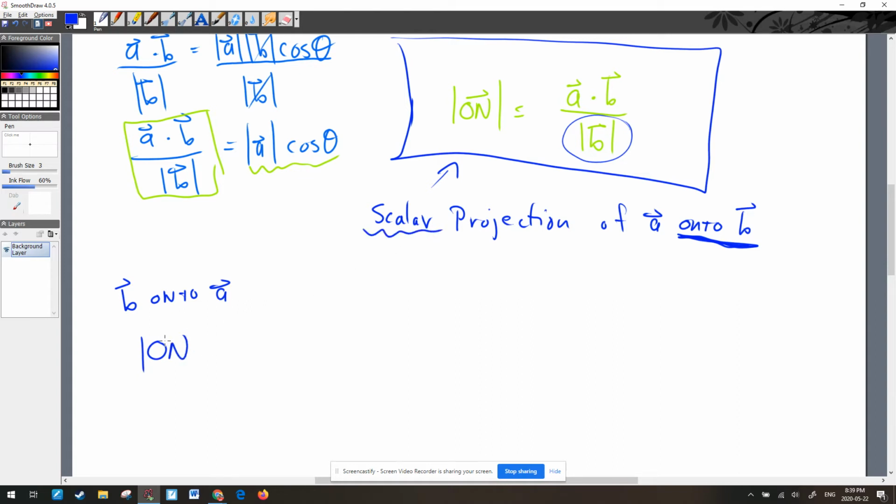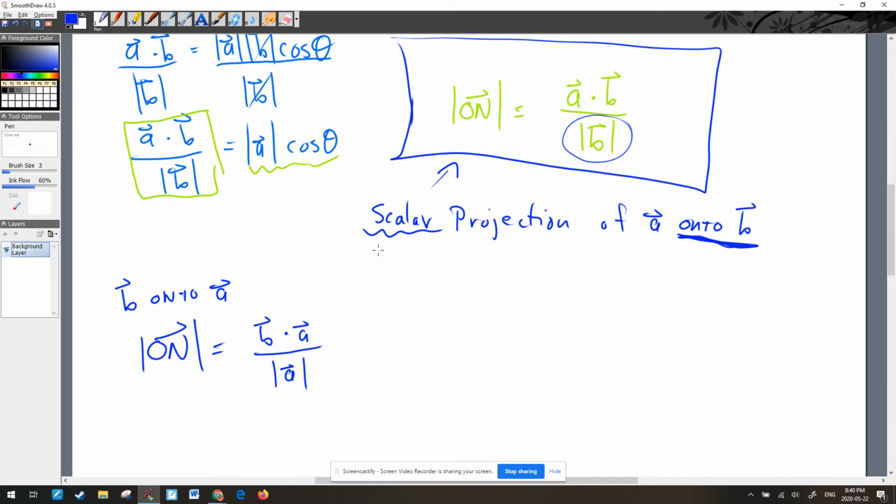So the magnitude of the projection is going to be equal to B dotted with A over, and then because it's onto A, the magnitude of A. Now the reality is it doesn't matter whether I do A dotted with B or B dotted with A because dot product is commutative, right? But the onto tells us which vector resides on the bottom, or the magnitude.